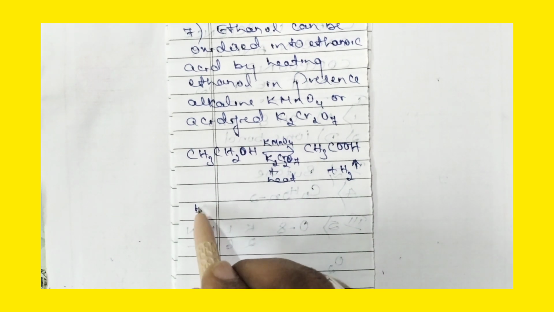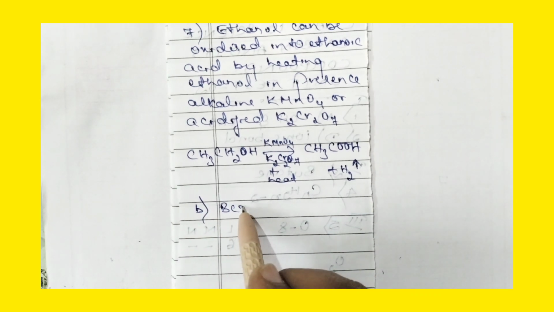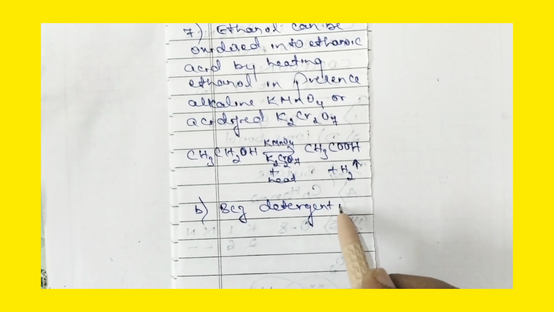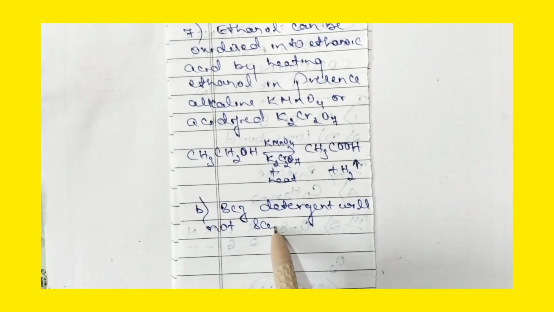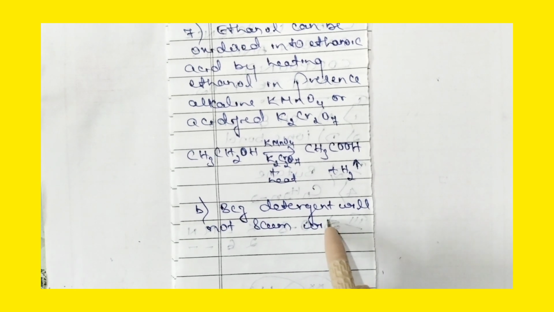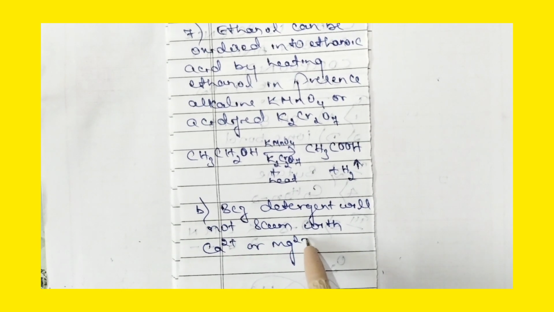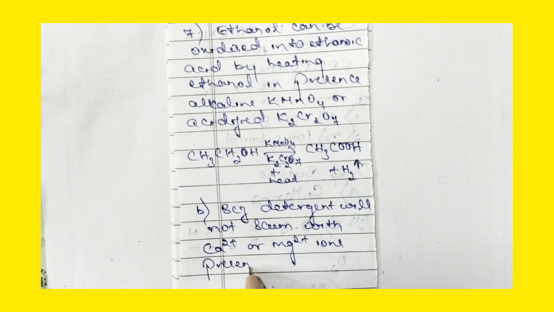In that question there is also part B. Why are detergents more suitable for cleaning in hard water? Because detergent will not form scum with calcium or magnesium ions present in hard water.